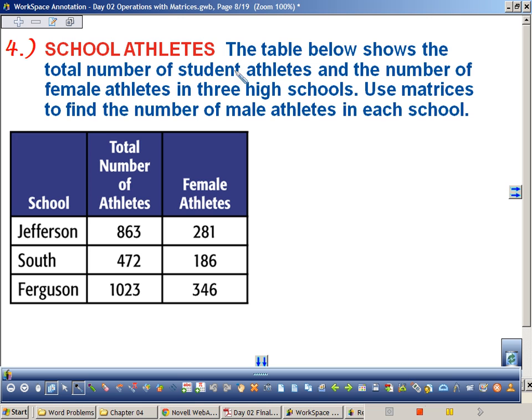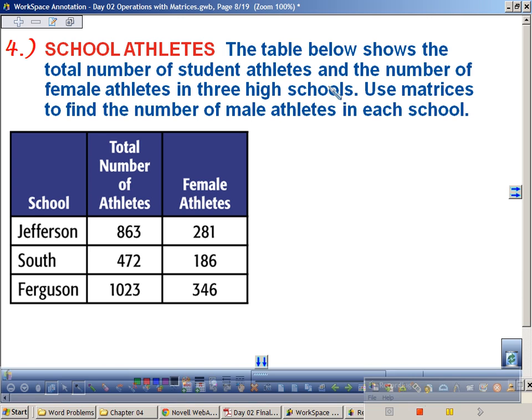All right, school athletes. The table below shows the total number of student athletes and the number of female athletes in 3 high schools. Use matrices to find the number of male athletes in each school. So how would I find the number of male if I have the total and the female? Subtract. 863, 472, 1023, minus.